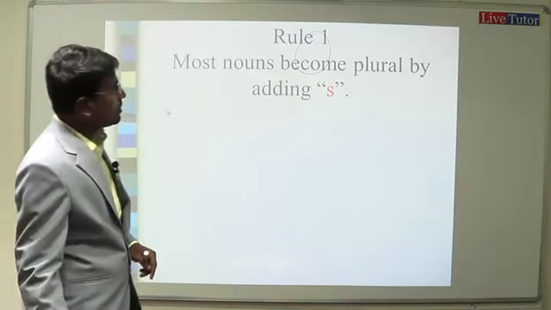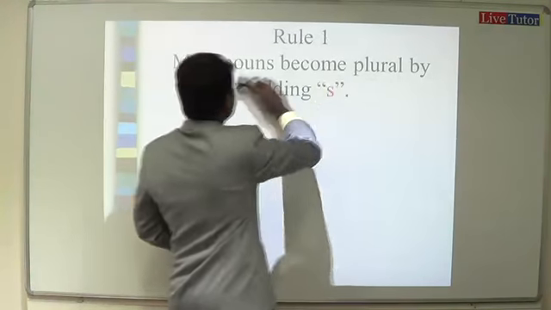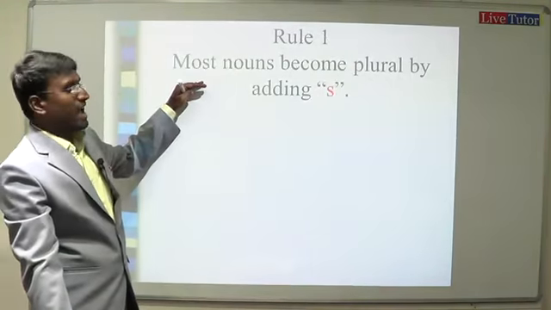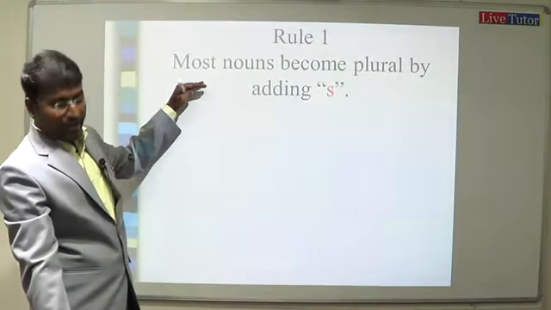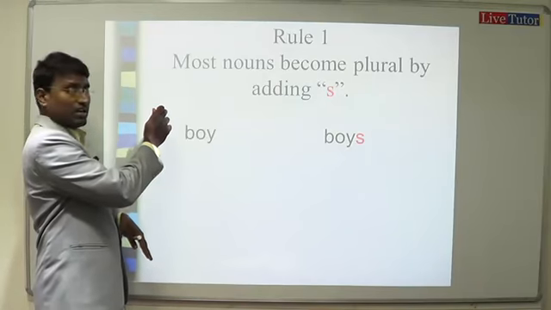Next you see the first rule. Most nouns become plural by adding s. Yes, we have discussed these things earlier, isn't it? What are those things? Boy becomes boys. We are normally adding s to it. It's a very basic understanding of singular and plural. Okay.